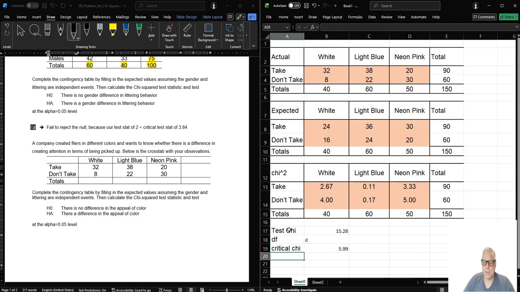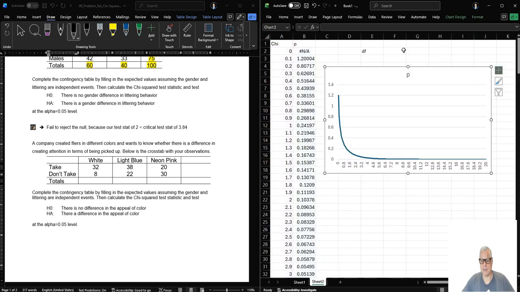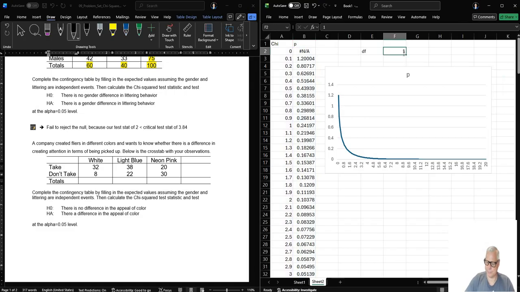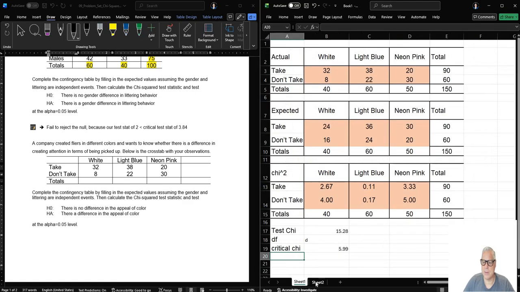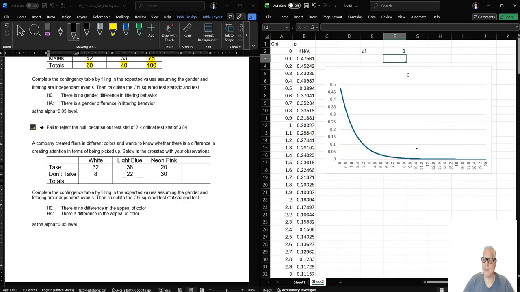And what we see is that our test chi, which is 15.28, is very, very far in the rejection zone. So now we would have something like this. Our distribution looks like this. And our test statistic is around 15.